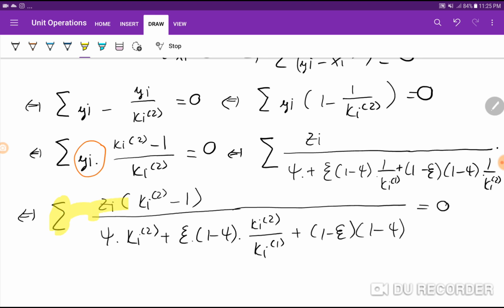Okay, basically, that's what you got. If you want to go further, I won't. But this is the second equation you should get.